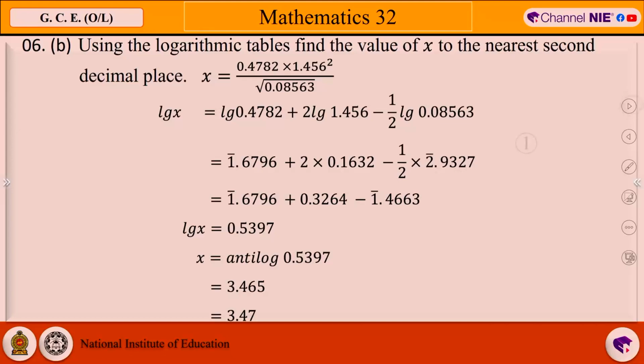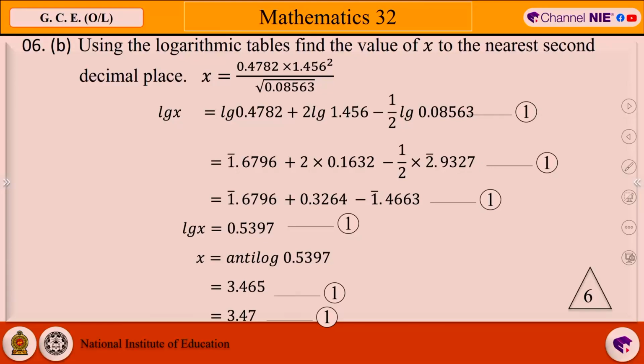So, if you have found this answer, you will get the marks as follows. We will see here 1 mark for this and total of 6 marks for this part B. Right, you can score 6 marks for logarithm part. Right. Now, we have 10 marks for the question 6. Let us move on to the problem 7.